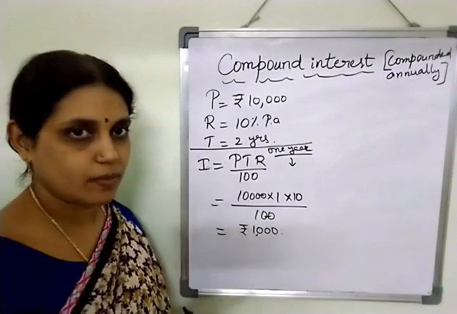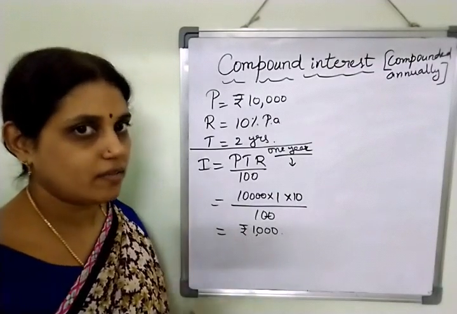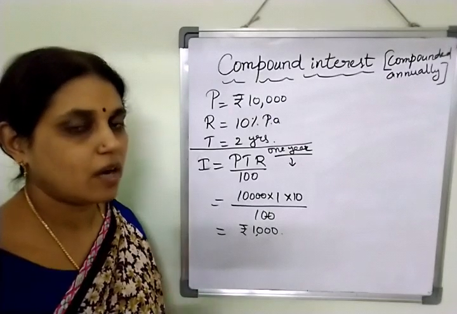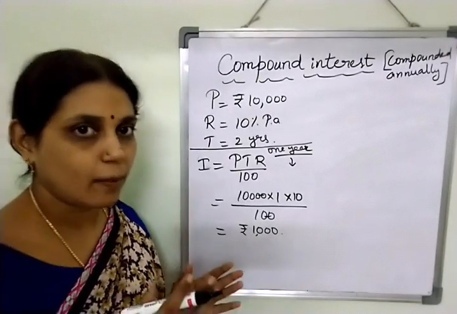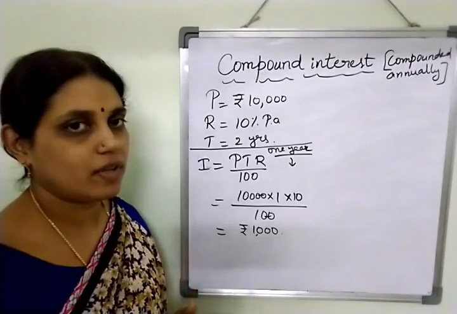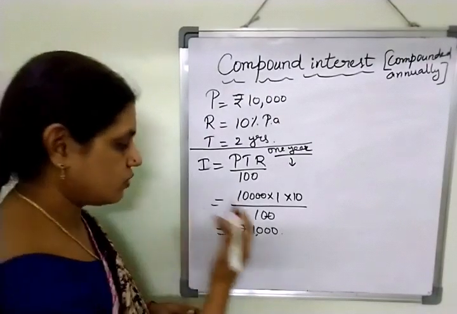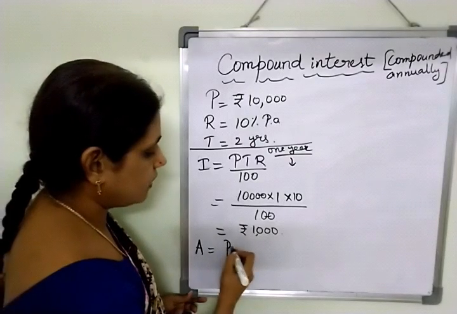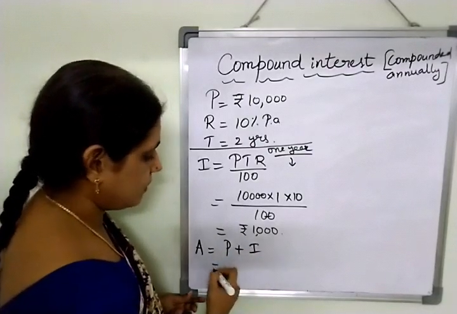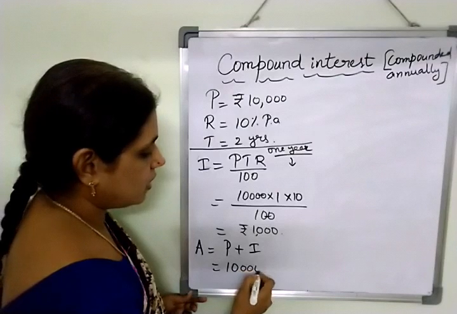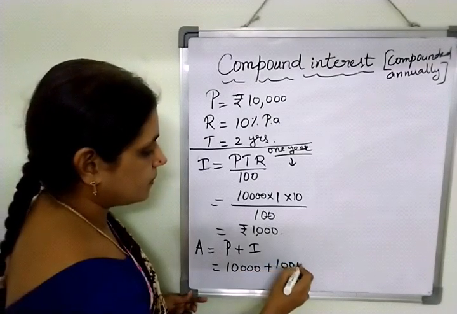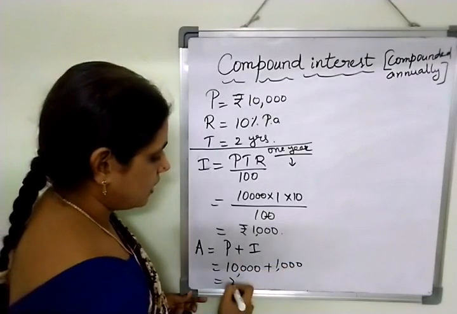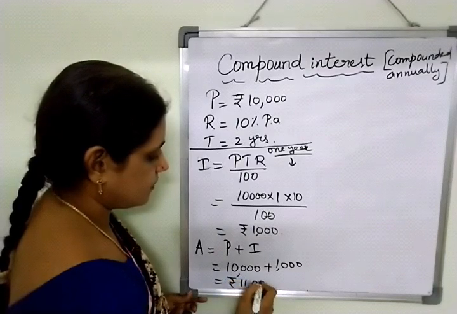Okay, now this is the interest after 1 year. Now what is the concept of compound interest? After 1 year the principal will be changed. How it will be changed? Whatever amount we get after 1 year, that will become the principal. So for that we need to calculate first A. Okay, amount equal to P plus I, principal plus interest, that is 10,000 plus 1,000, that is 11,000 rupees.